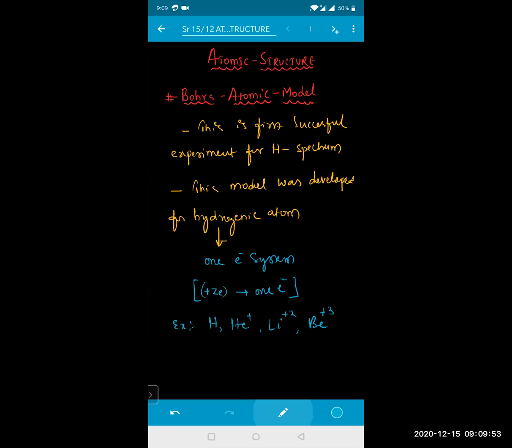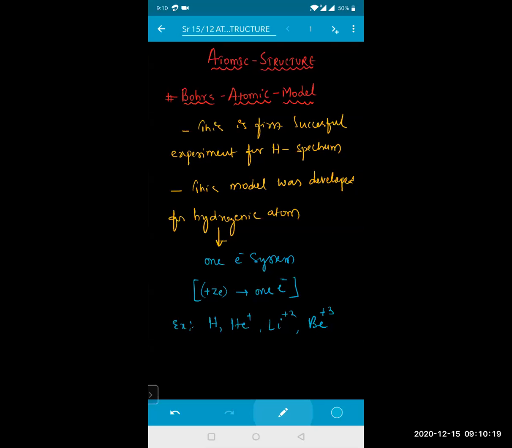So Bohr's model was the first successful experiment for the hydrogen atom, and this model was first developed for hydrogenic atoms only, in which we are talking about only a one electron system, that is plus Ze.